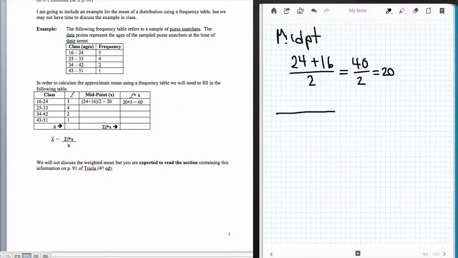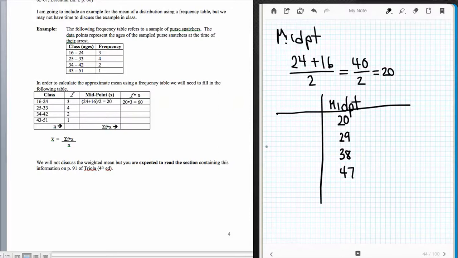So what we're going to end up with for our first class is a midpoint of 20. And then if I add 9, I'll get 29 for my second one. If I add 9 again, I'll get 38 for the next midpoint. And if I add 9 again, I'll get 47 for the last one.